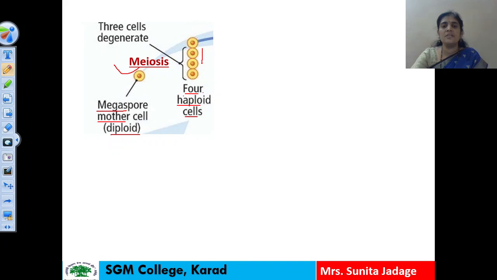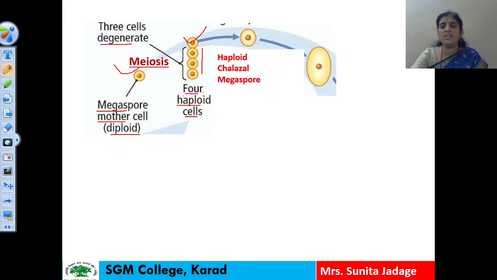Out of those, 3 degenerate, and only the chalazal functional megaspore remains, in which further developmental stages take place. So here this is the haploid chalazal megaspore which is functional, and further the 3 successive mitotic divisions take place inside this functional chalazal megaspore.